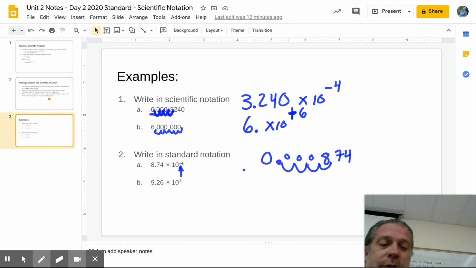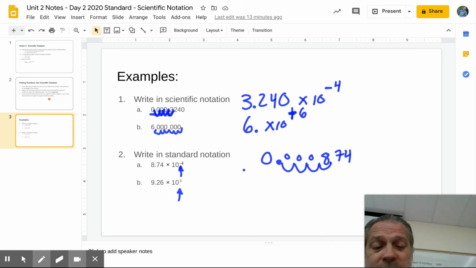And I usually put a 0 in front. You don't have to, but that just makes me feel a little bit better about the number itself. So in this case, 8.74 times 10 to the -4 is also 0.000874.